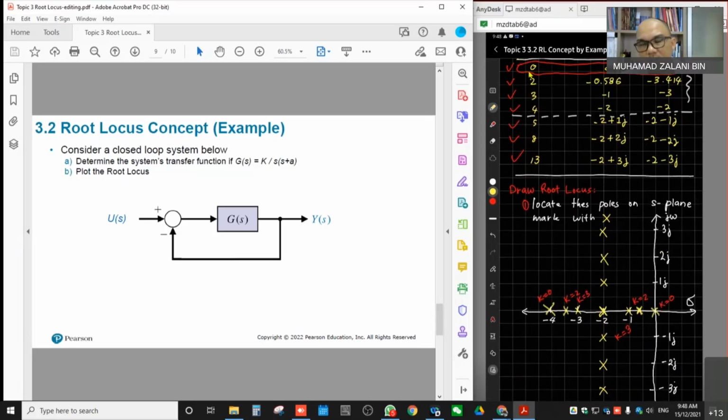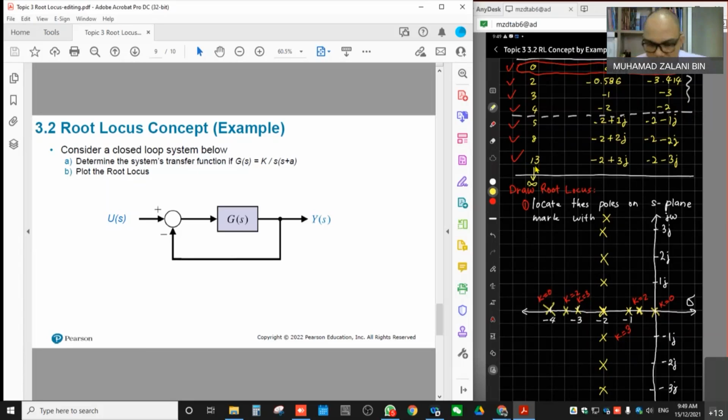We vary the value of k from 0 to 13. Suppose that we want to vary the value of k until infinity. We are not going to do that by hand calculation. With MATLAB, of course, we can do just by putting some codings on that with the MATLAB function of root locus. Then we will get the values until infinity.